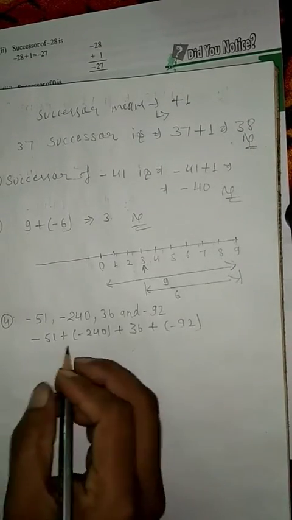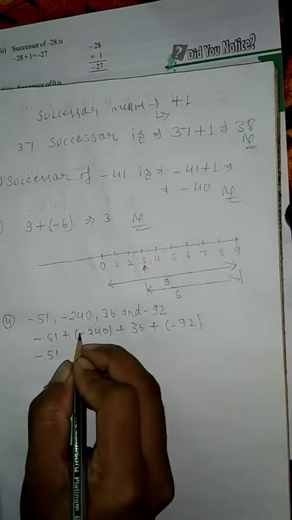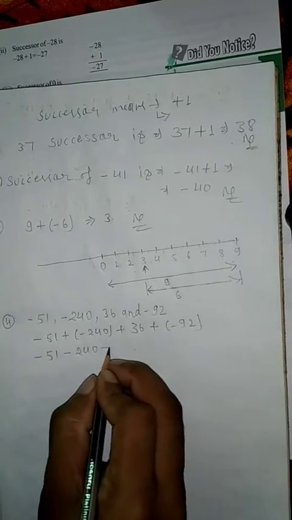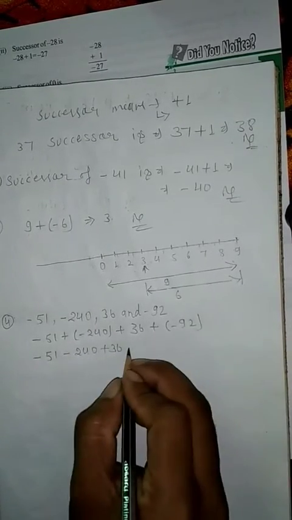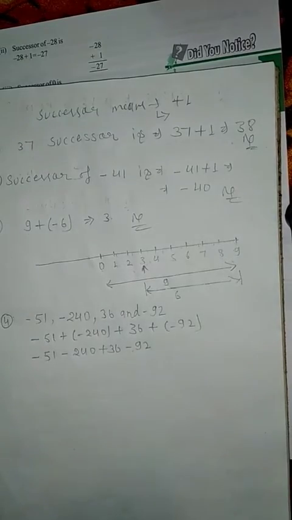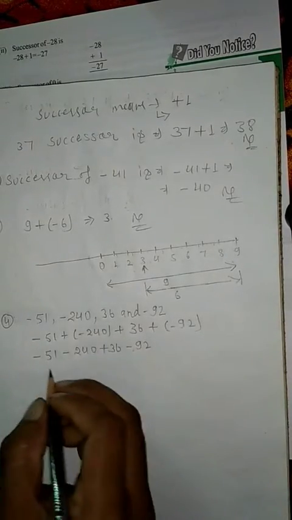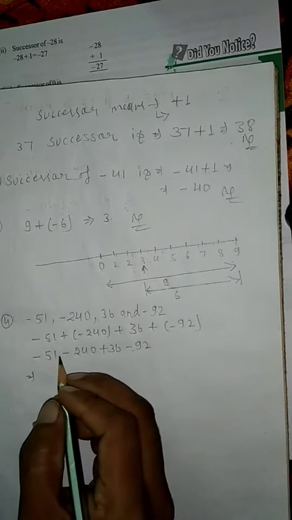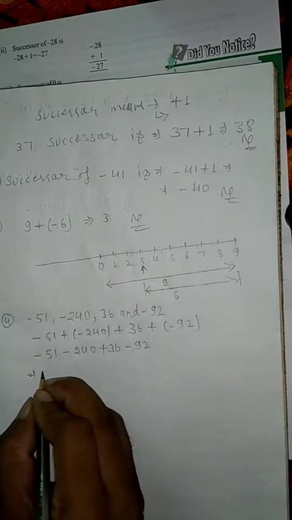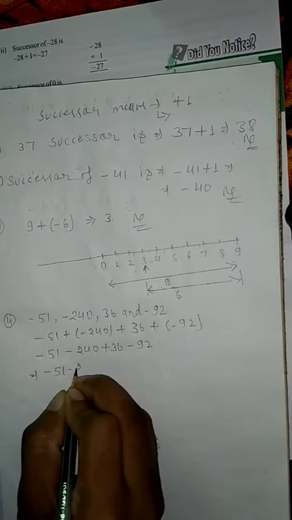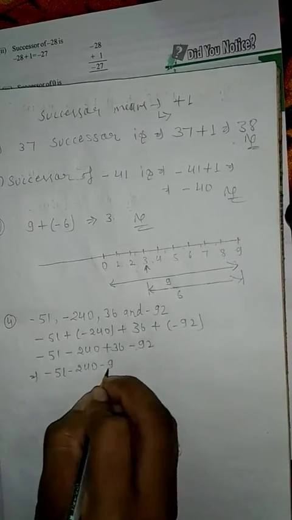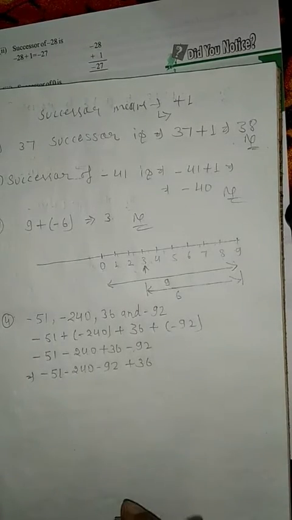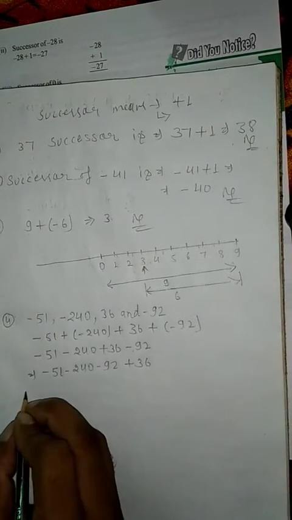Then -51 and plus minus converted to minus, so 240, then plus 36, and plus minus converted to -92. We separate the negative values on the negative side and the positive value on the positive side. So -51, -240 and -92, and this is the positive value. We write them separately.